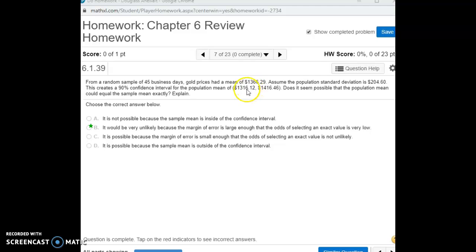Well, that is going to be very unlikely, that our sample mean exactly lines up perfectly with the population mean. We're just confident the population mean is somewhere within these numbers. And since this is actually a pretty wide range, it's even more unlikely that the population mean would exactly equal our sample mean.